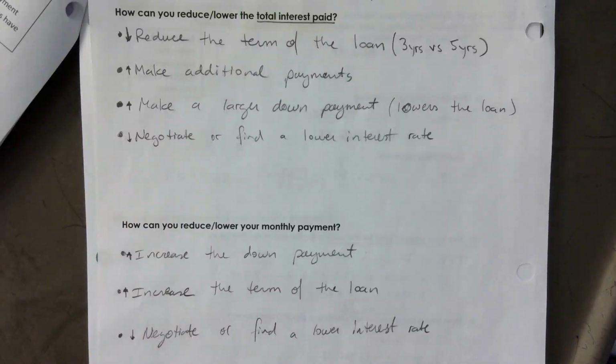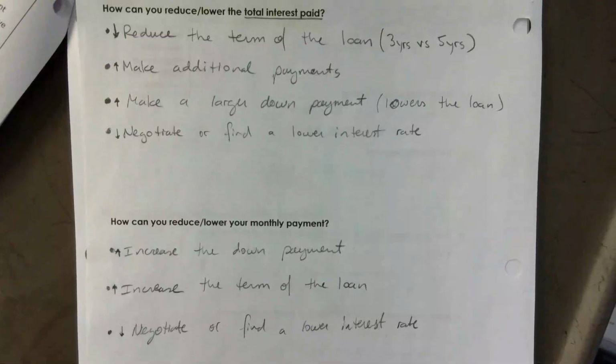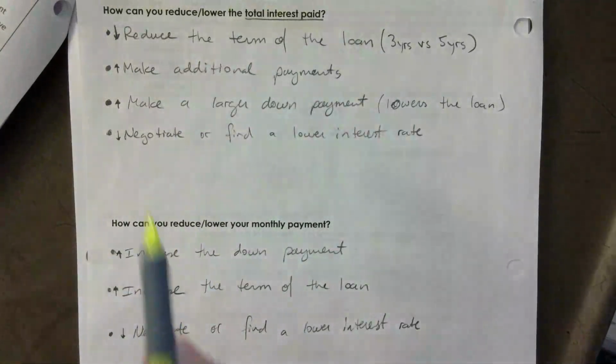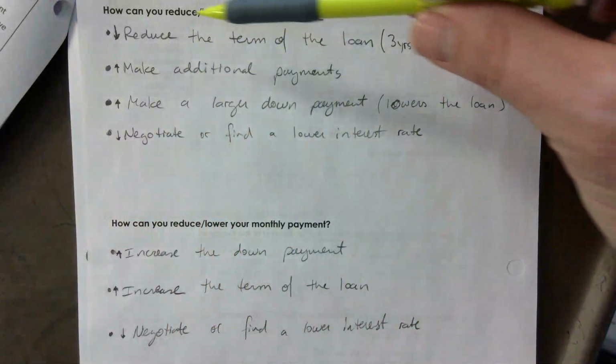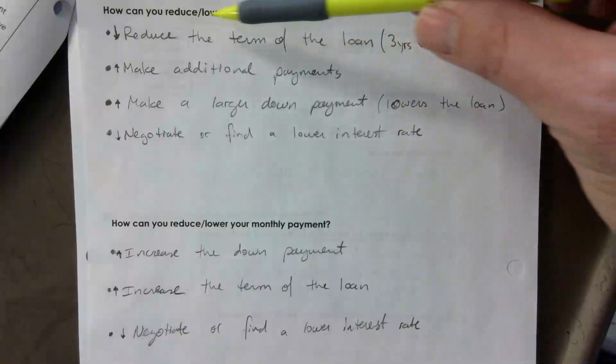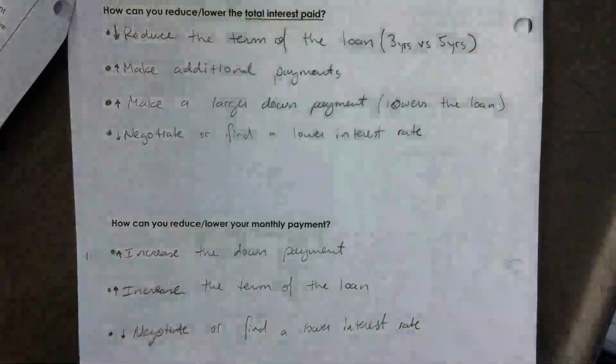If you're able to do that, you go for it. And make sure you have a heading on your study sheet. What is this? What does it do? It lowers the total interest paid. Very important.